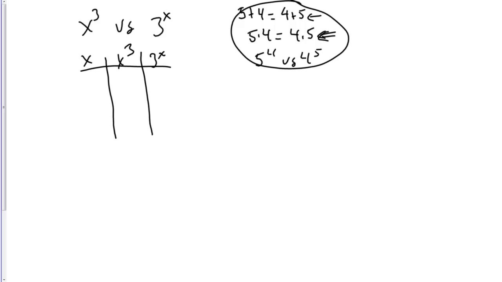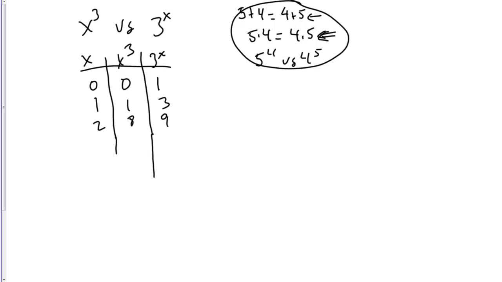You will see that at x equal to 0, we would have 0 cubed is 0, and 3 to the 0 is 1. At x equal to 1, we'd have 1 cubed versus 3 to the first, which is 3. At x equal to 2, we'd have 2 cubed, which is 8, and 3 squared is 9. They're different from each other, but they seem to be relatively close.